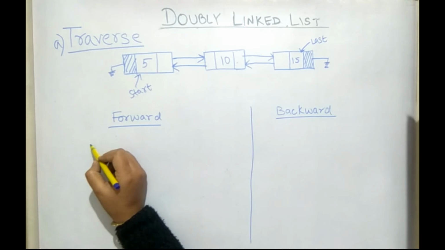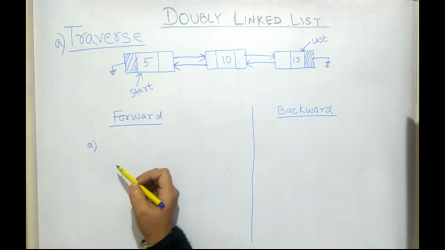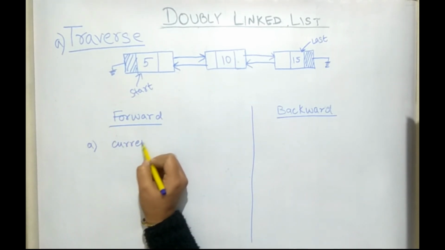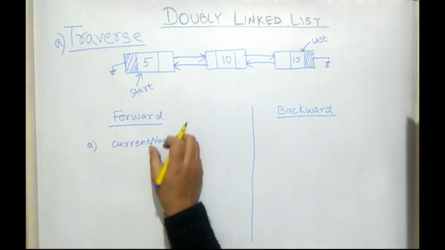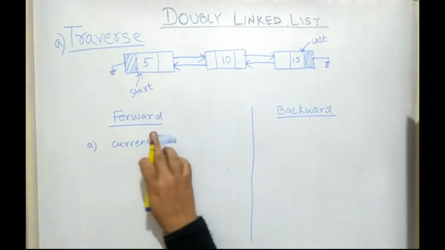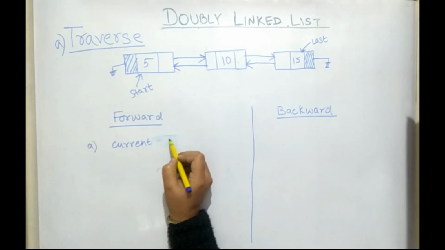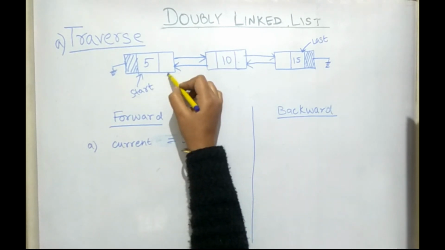Let's look at the algo for moving in the forward direction. In this case, mark the current node. This is our pointer, current. So mark current equal to start, right?